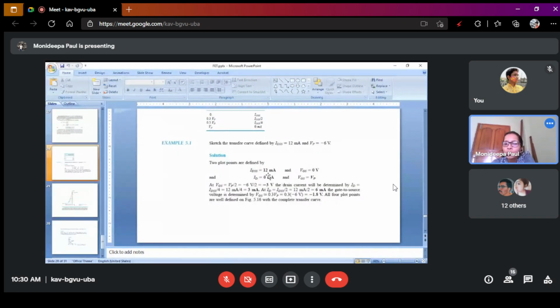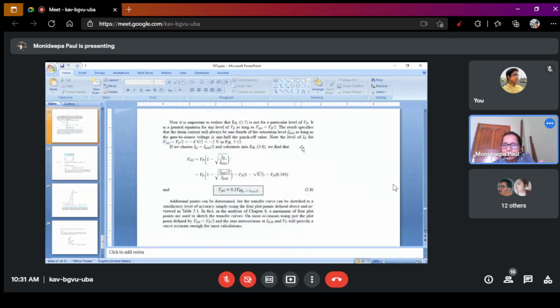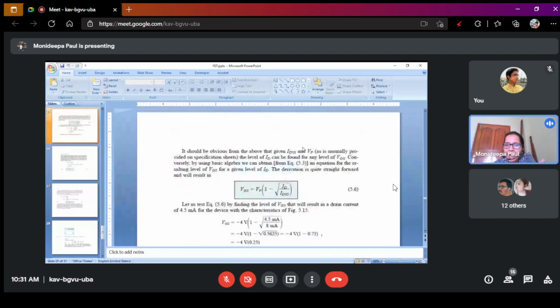You get 12 milliampere when VGS is equal to 0 and VP is equal to minus 6 volt. When VGS is equal to VP, at this condition ID will be 0. These two conditions we get from this characteristics curve.